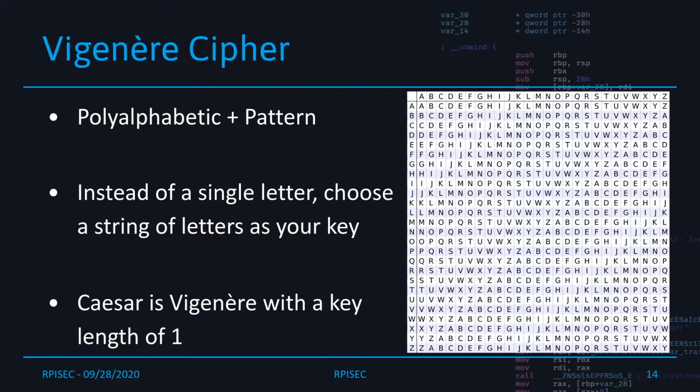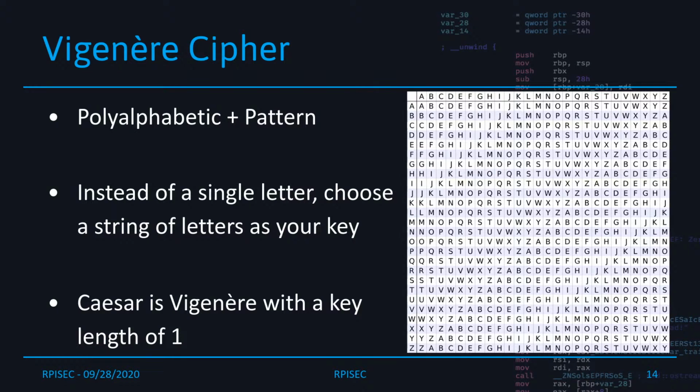So now let's move on to polyalphabetic substitution ciphers. We saw that the Caesar cipher and the cryptogram are generally pretty easy to brute force, and that's because they substitute a single alphabet in. The Caesar cipher specifically uses a single letter as a key.